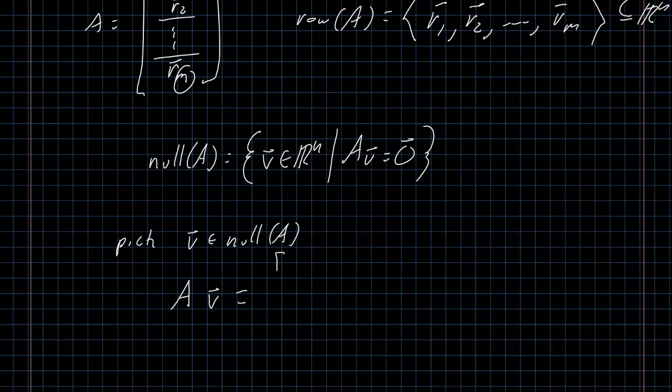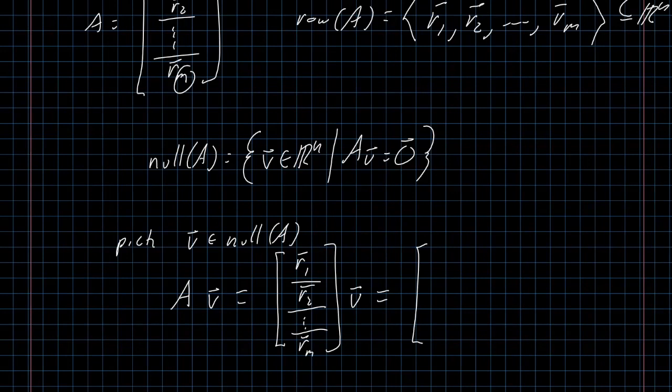We've defined A as a bunch of row vectors. And to calculate a product of a matrix with a vector, the new vector has components which are that row dotted with v. So we get row 1 dot v, row 2 dot v, all the way down to row M dot v.